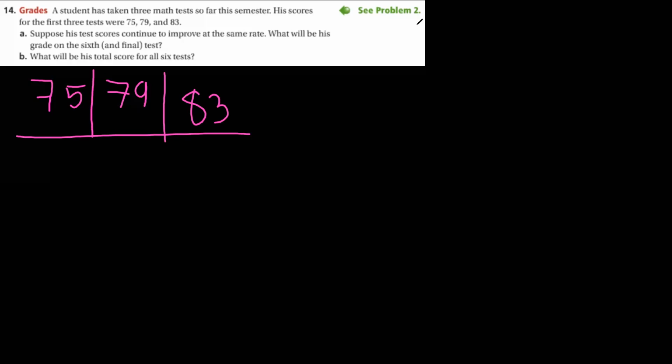Suppose that he makes 6 tests, as you see here. Suppose that he continues at the same rate. So what will his mark be on the sixth test?